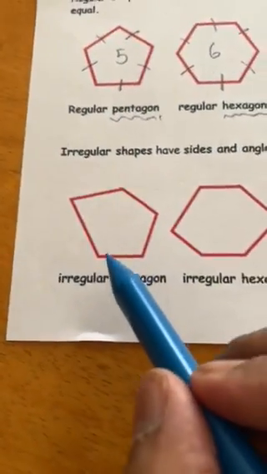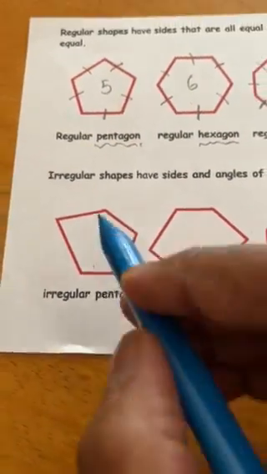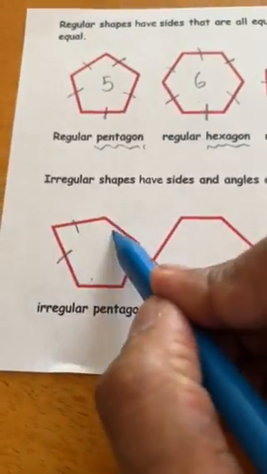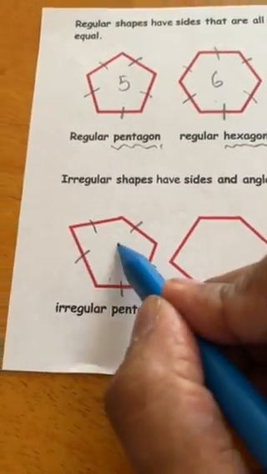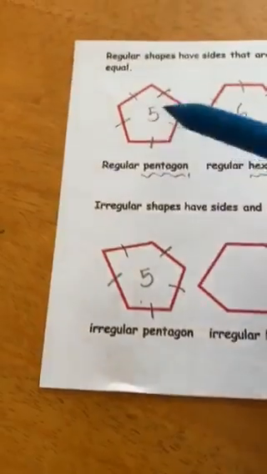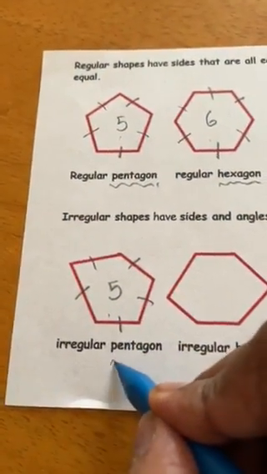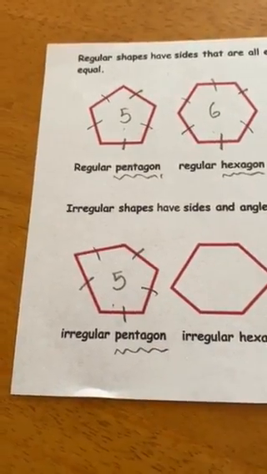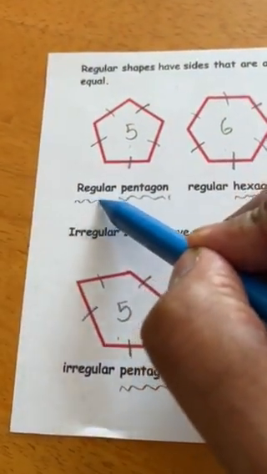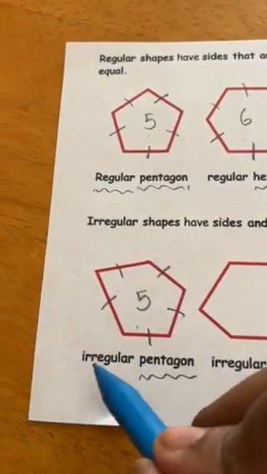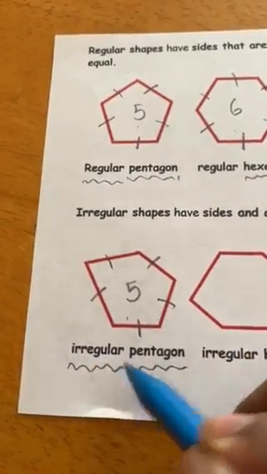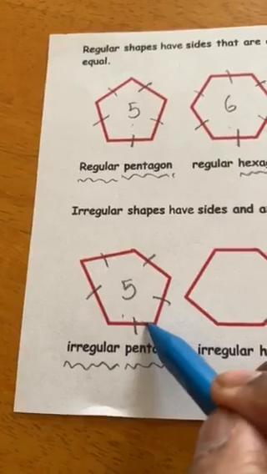So if I go to the shapes at the bottom, we've got 1, 2, 3, 4, 5. That's still 5 sides, but it doesn't look like that. So if I look, it's still a pentagon because it's got 5 sides, but this is a regular pentagon, and this one is irregular because the sides are not the same length.